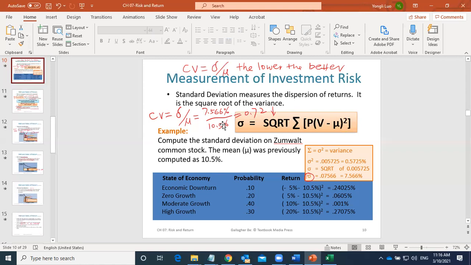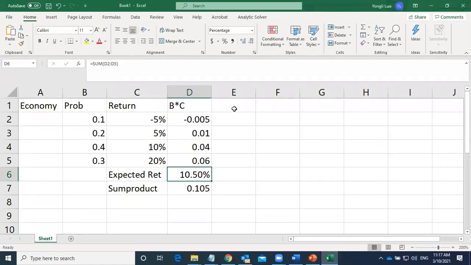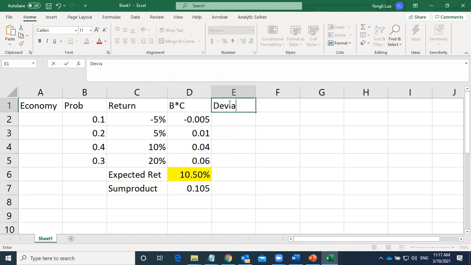For this standard deviation calculation with different probabilities, you have to use Excel to do the calculation step by step. The first step, remember we have the expected return right here. First step, we call this the deviation. What is the deviation? Deviation is your return minus the expected return.